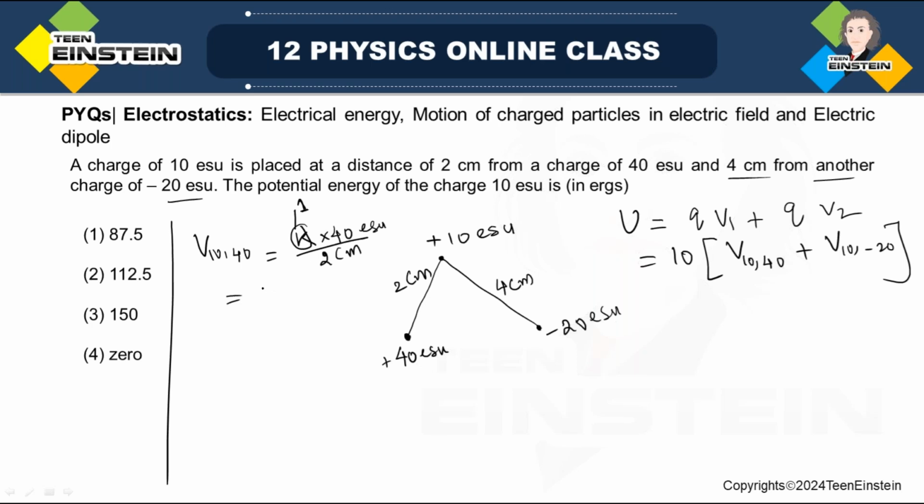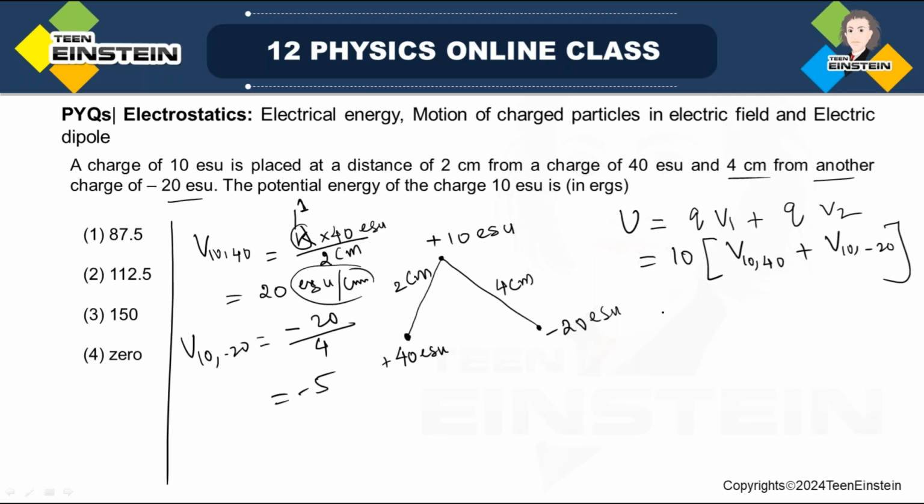So we get 20 ESU by centimeter. And for the other one, minus 20 divided by 4, you will get minus 5 with the same unit.